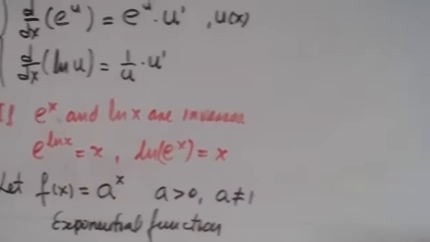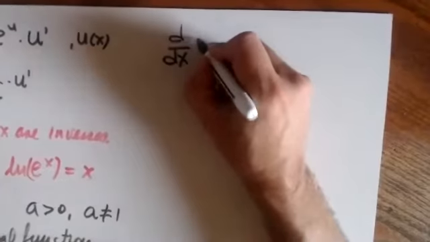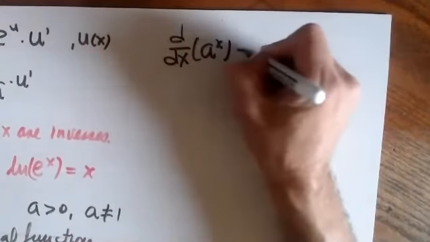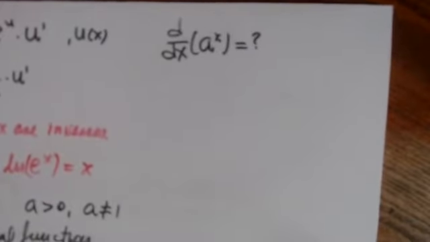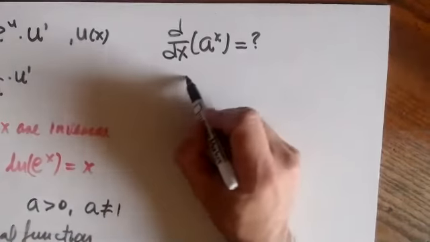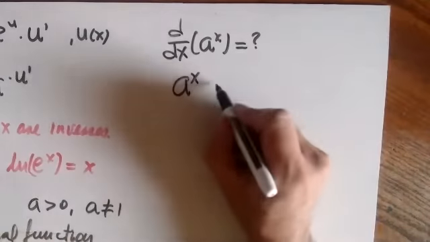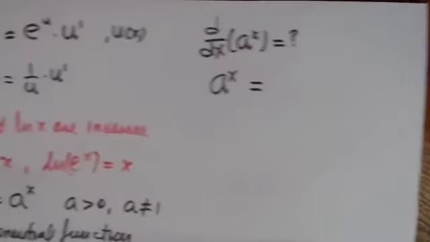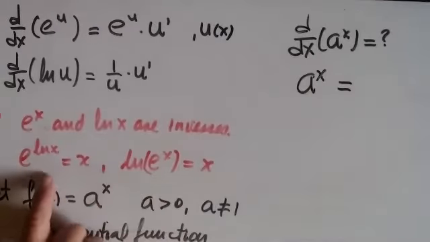Okay, so the idea is, how can we get the derivative of a to the x? That's my point. How can I get the derivative of this exponential? I'm going to do a trick. So a to the x is going to be, I'm going to use one of these properties, the first one.